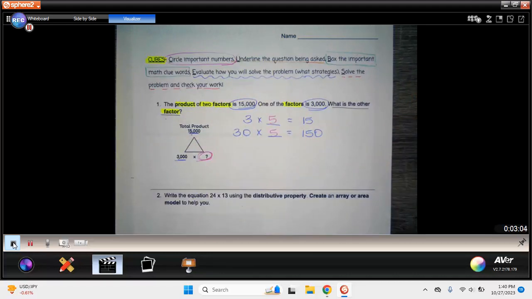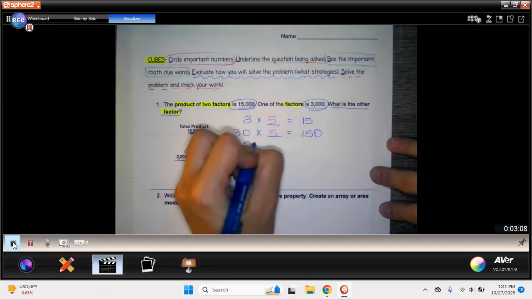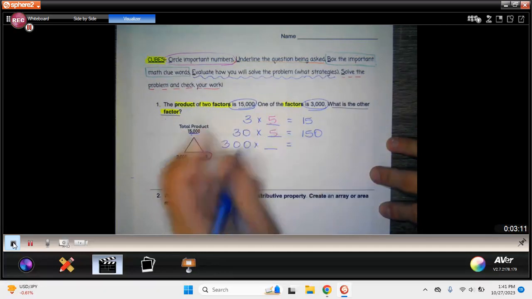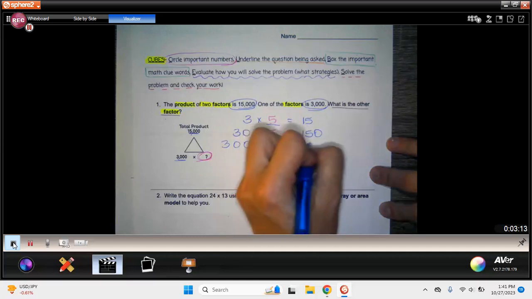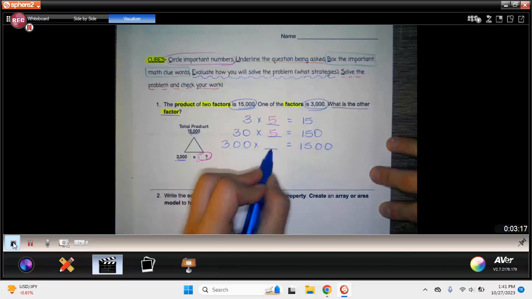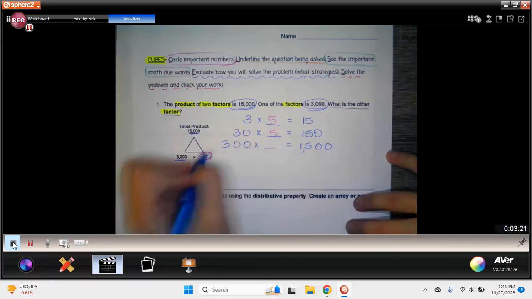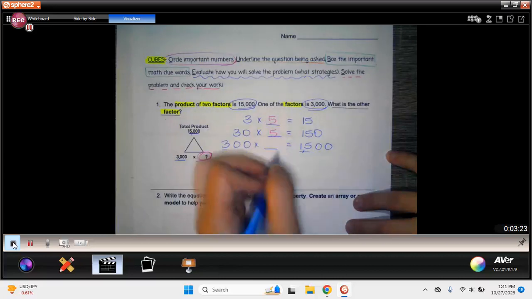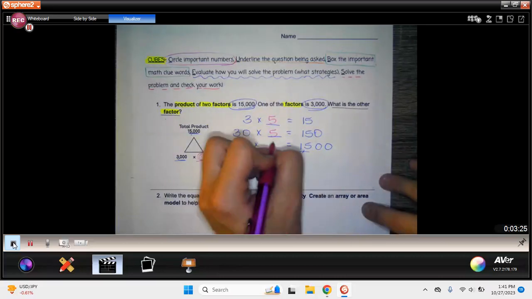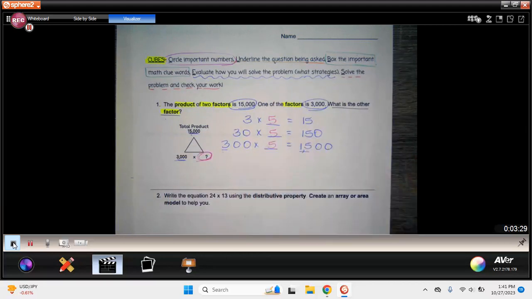All right, let's take this another step. I'm going to make this a 300 times some number, and I'm going to add another 0 onto the back here to get this bumped up. 300 times some number equals 1,500. So I know that 3 times some number, which is 5, is 15, plus 2 zeros on the back.